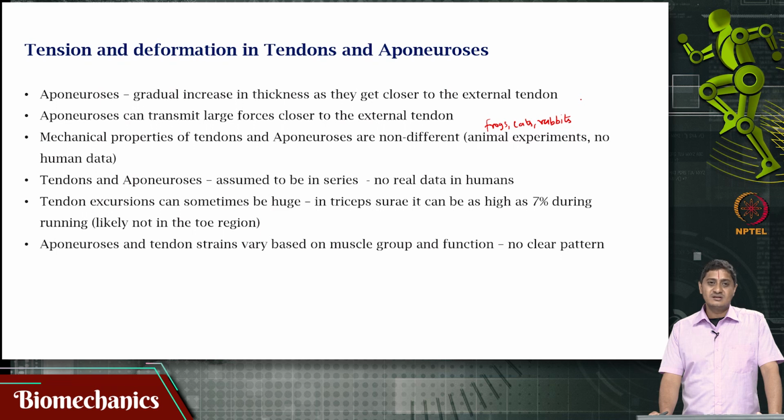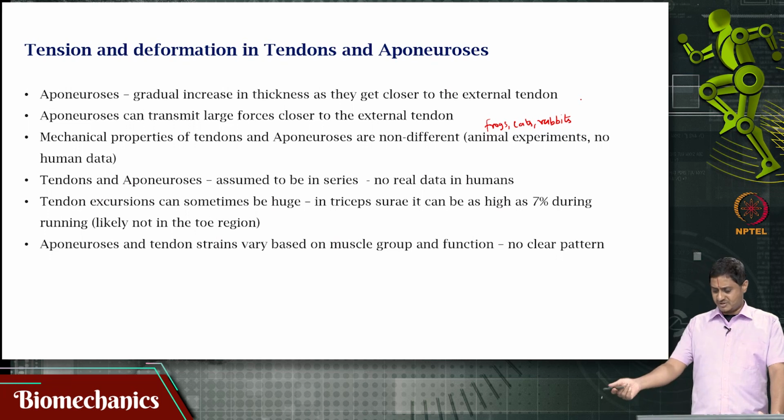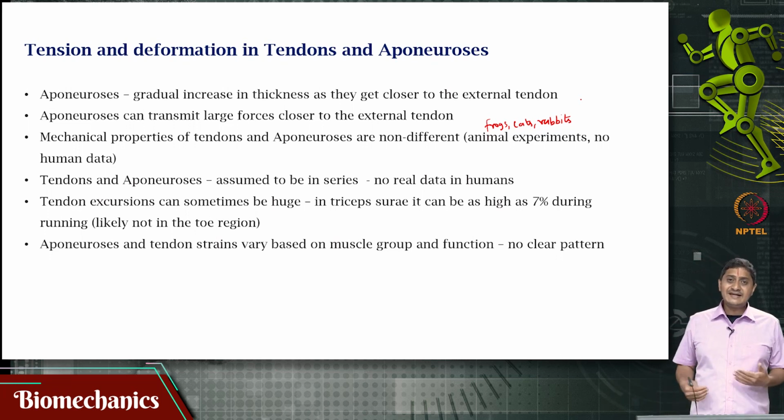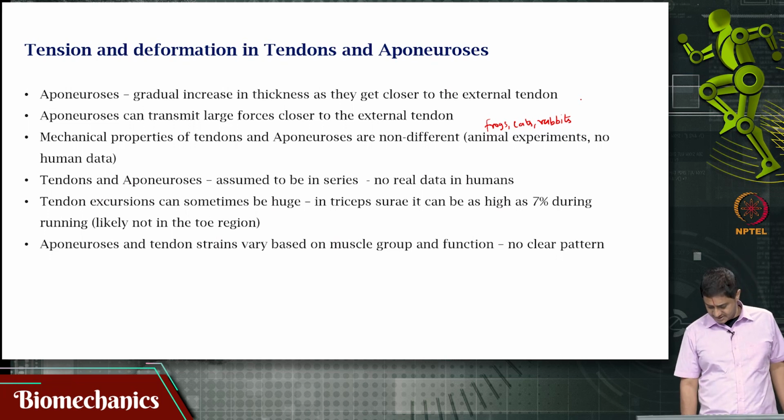Based on that, the properties, the strains that they can take also vary. We already saw this example. For example, in the psoas tendon, there is a possibility for it to take as much as 10% deformation, 10% strain, right. So, these properties vary based on the particular function that it is performing. So, which muscle group and what is the function performed by that muscle group dictates the properties of aponeurosis and tendons.